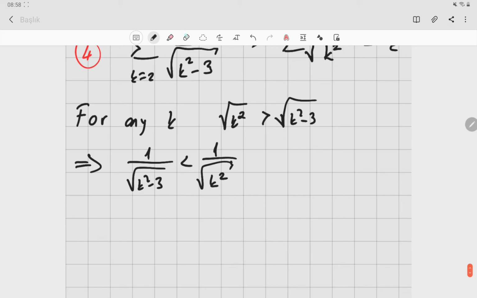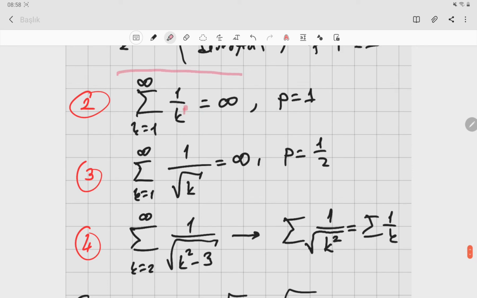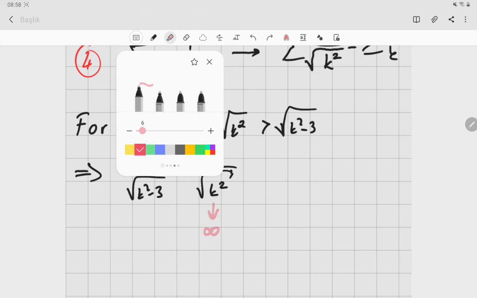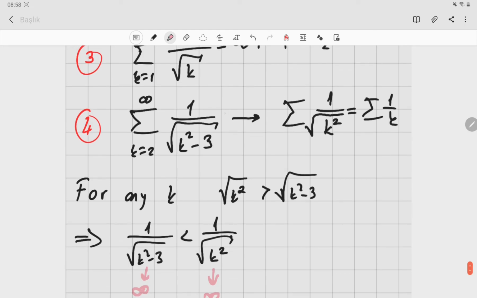So by using comparison test and the harmonic series, this one is already infinity, because we know very well this series. By using comparison test, this is the big part. If the big part is infinity, then the smaller part is already infinity, then here must be infinity.